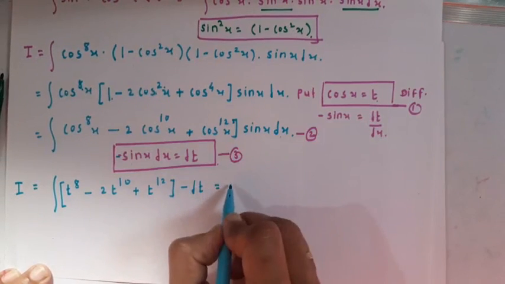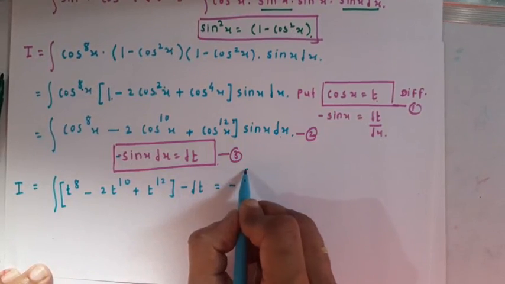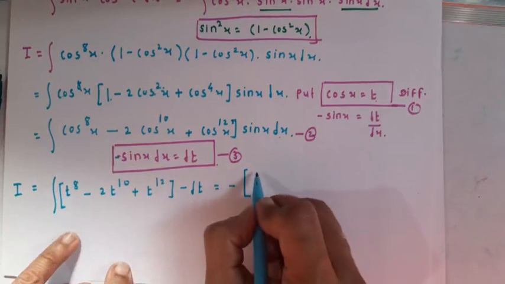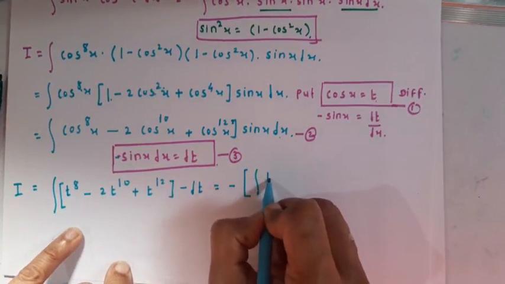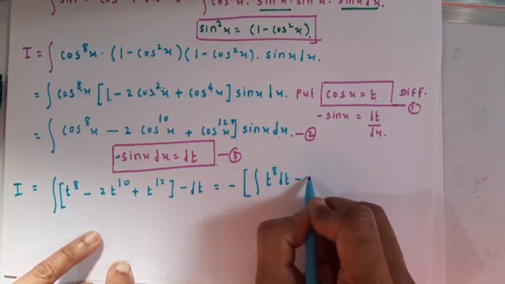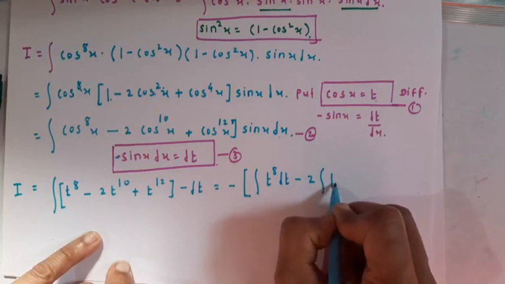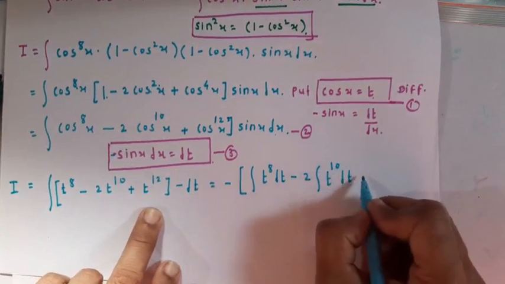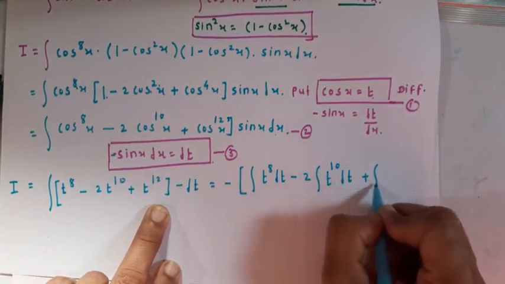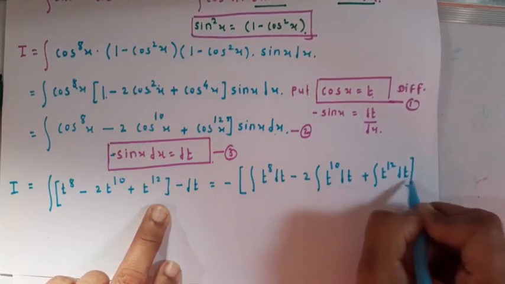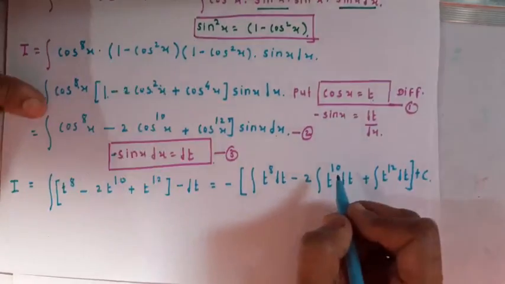Okay students, take the negative sign outside and take the integration of each term separately. We will get integration of t raised to 8 with respect to t, minus 2 as a constant, integration of t raised to 10 with respect to t, plus integration of t raised to 12 with respect to t, and plus constant of integration c.